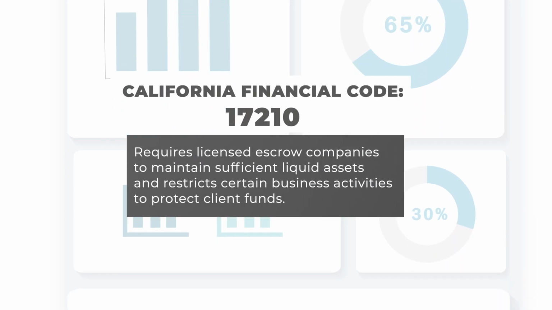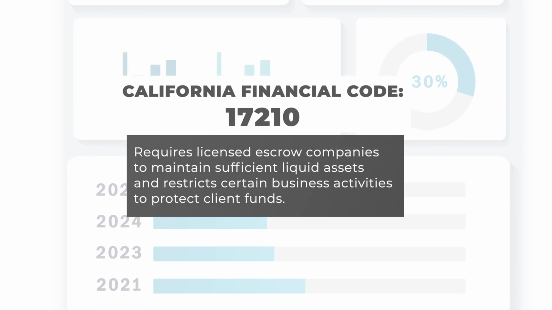Now, if you're an escrow company regulated by the Department of Financial Protection and Innovation, DFPI, then you have certain requirements. It's in Section 17210 of the California Financial Code.